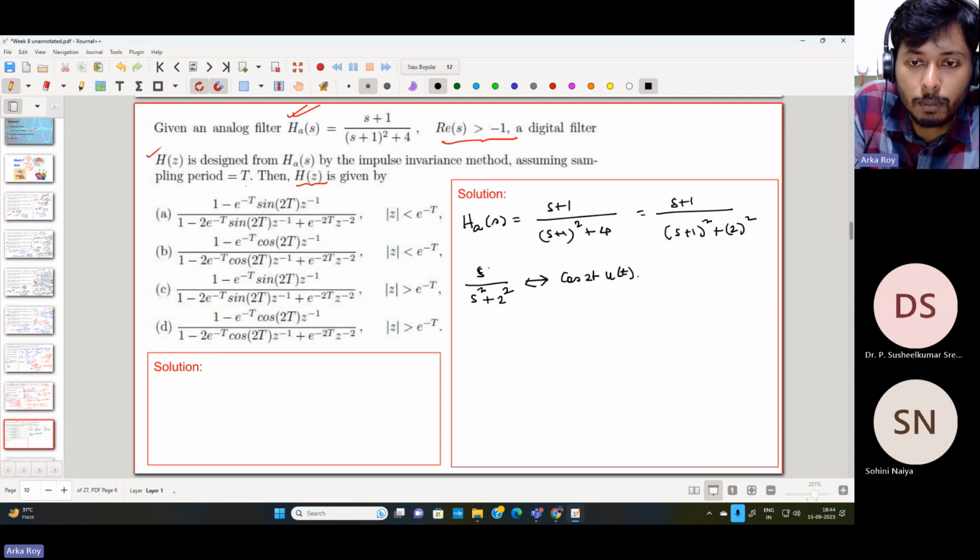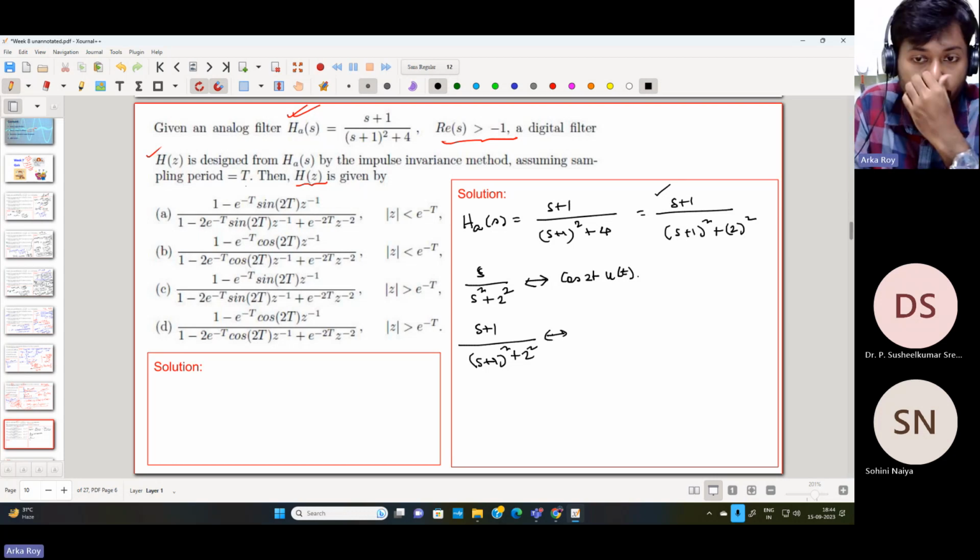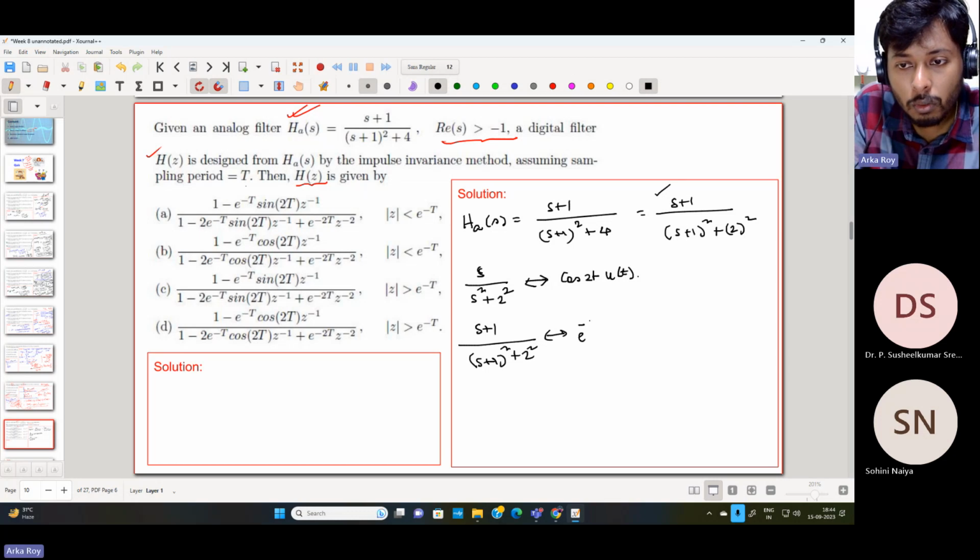Now, instead of getting this particular representation, we have been given this one. So what is extra that is happening over here? In place of s, we are writing s plus 1. So that means there will be an exponent of e to the power minus t multiplied with cos 2t u(t).